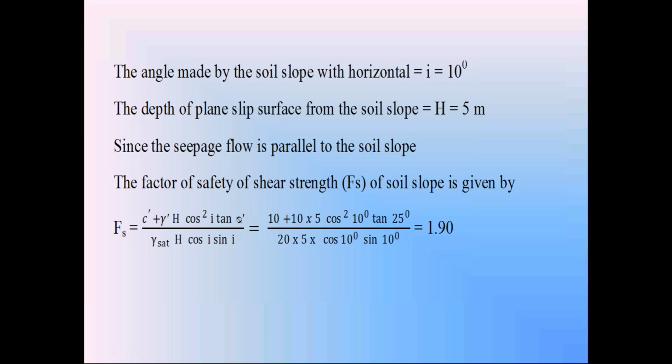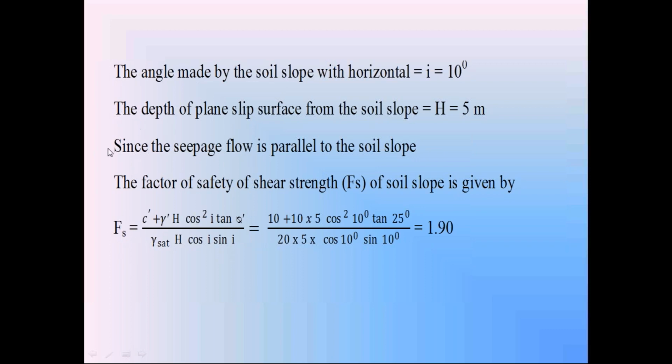Then we know that the condition of the soil slope in the problem is seepage flow condition. In an infinite cohesive soil slope in seepage flow condition, this is the equation of factor of safety. We discussed this equation in the theory.